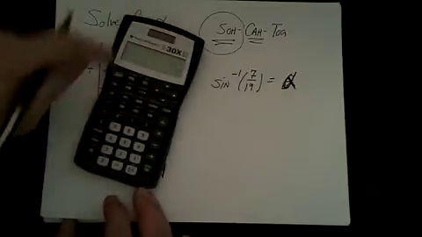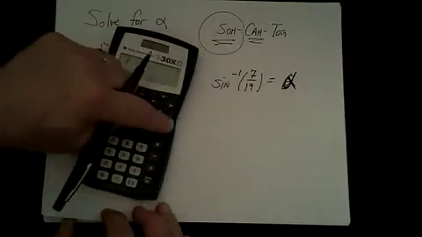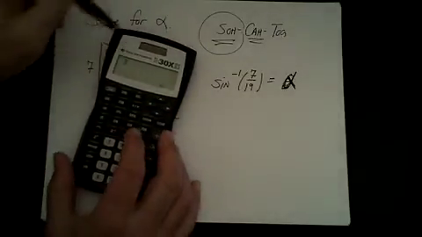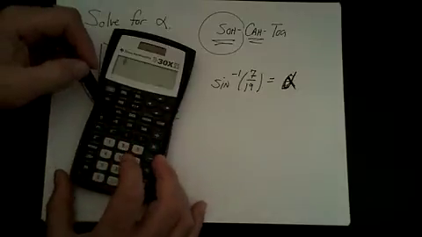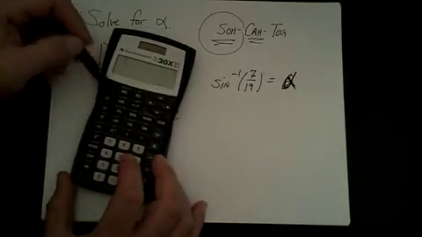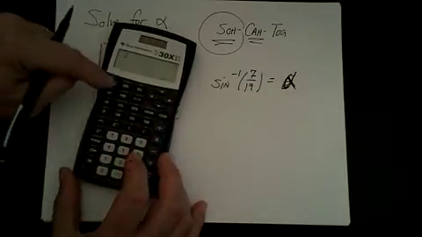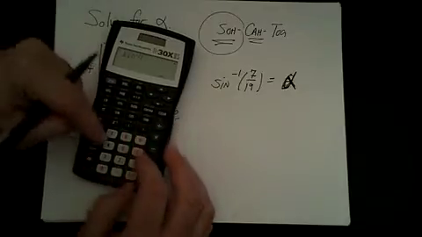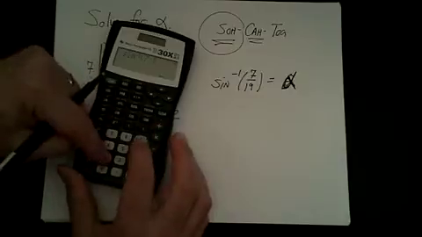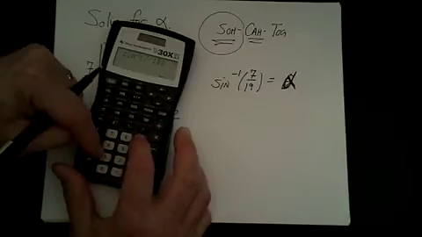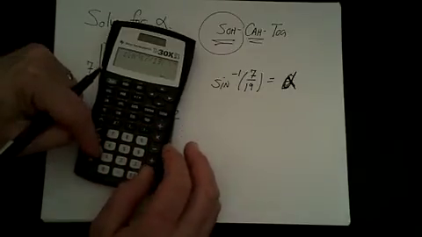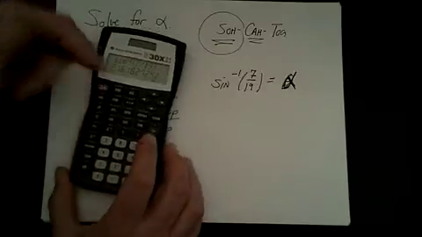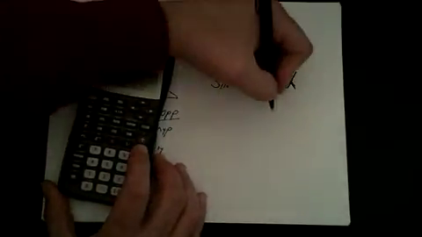Every calculator is going to be somewhat different, but on this particular calculator, sine inverse is above the sine, it's a shift, and that's generally the way it's going to be. So I'm going to go sine inverse, and then 7 divided by 19, and I get 21.7 degrees approximately.